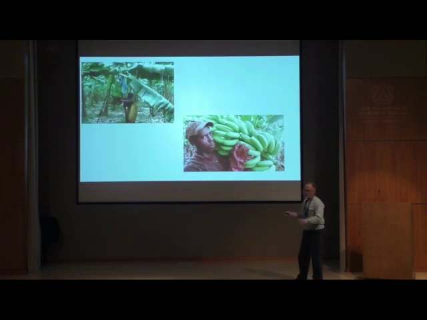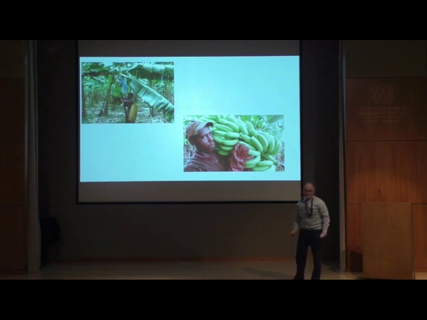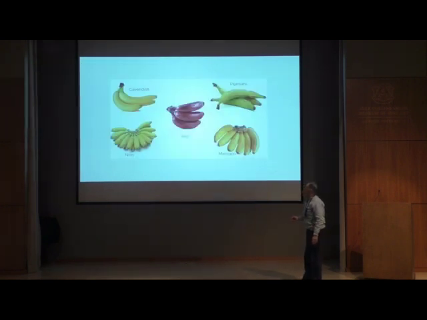On top of the problem that you have to cut the stem to bring down the bunch so that you can cut it and carry it, that produces this. This guy's not happy. So we have Cavendish, plantains, red, Niño, manzana. Those are the common types, and you find them in the market.